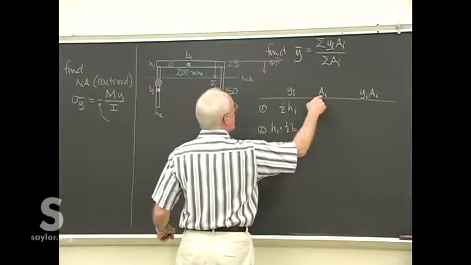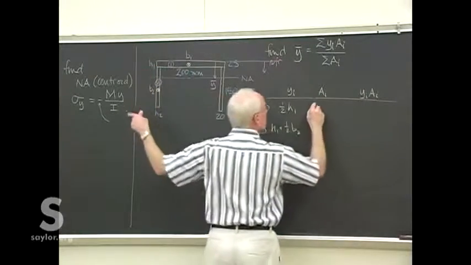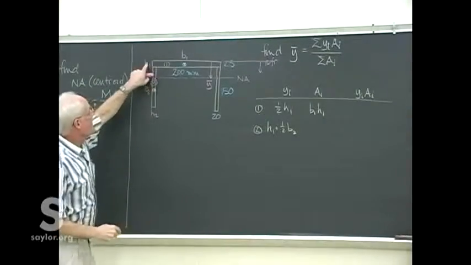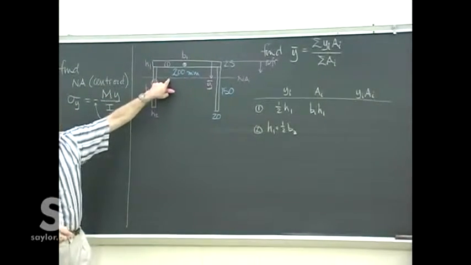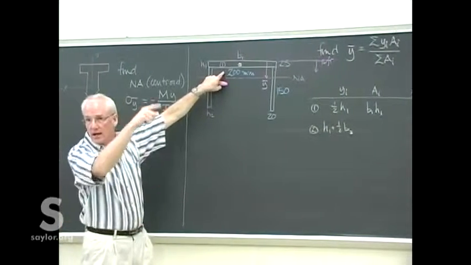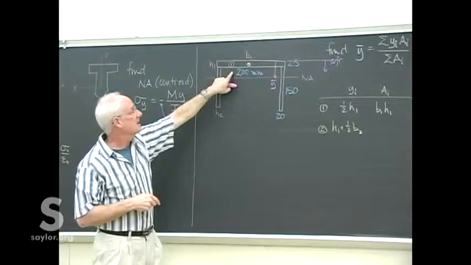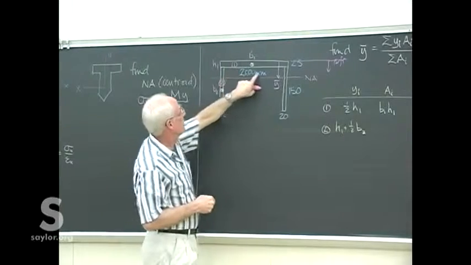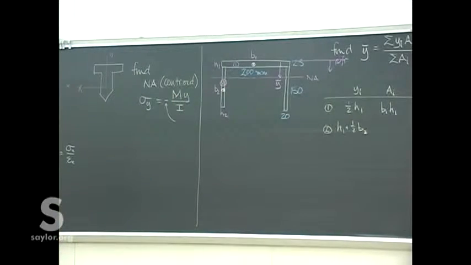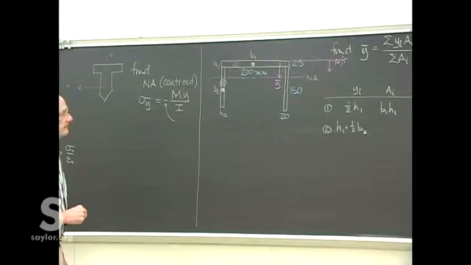So the area A1 is B1 H1. Remember, B1 is not 200. That's the inside dimension of this channel beam that you've made out of some planks. B1 is going to be 20 millimeters plus another 20 on each side to get to the outside. So be careful of those kinds of things. It's really easy to slip up with that.